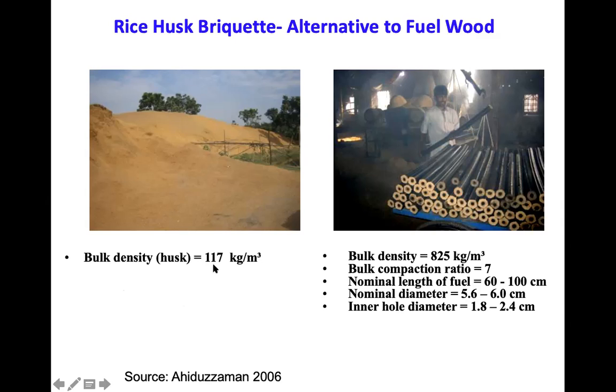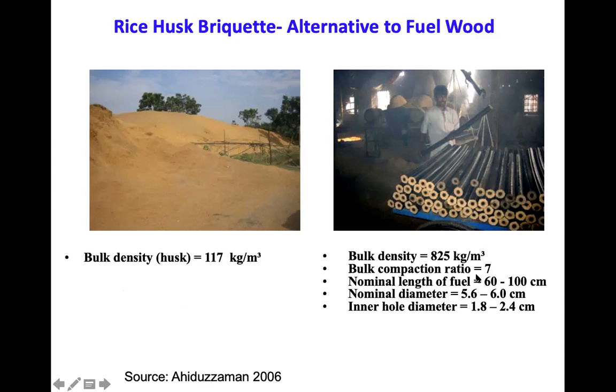Bulk density in husk is 117 kilograms per cubic meter, but bulk density in the briquette is 825 kilograms per cubic meter. So it is significantly increased. And this is the specification of the briquette.